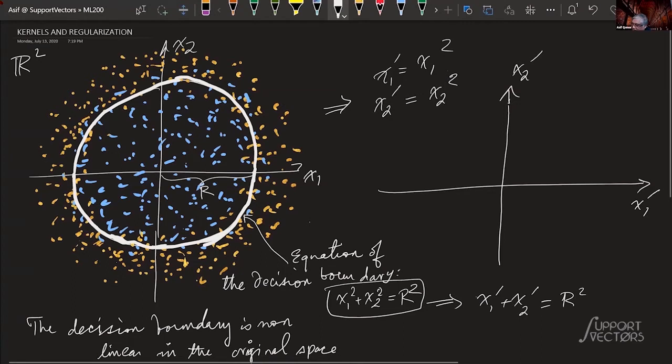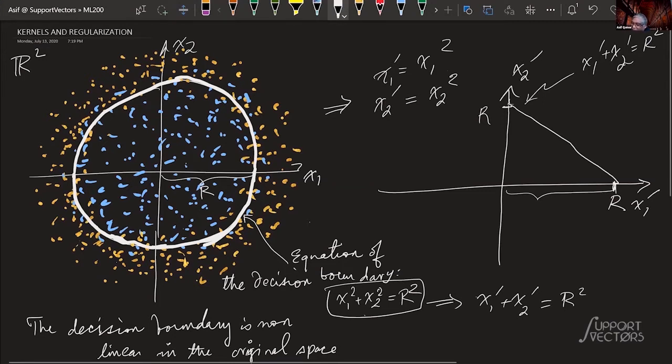In fact, if this is r and here also r, it will actually be this. Yeah. This would be it, right? This is the equation x1 prime plus x2 prime is equal to r squared, which essentially is the same equation.